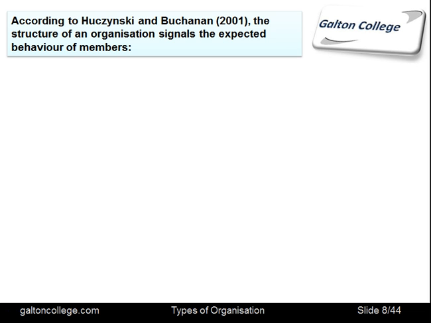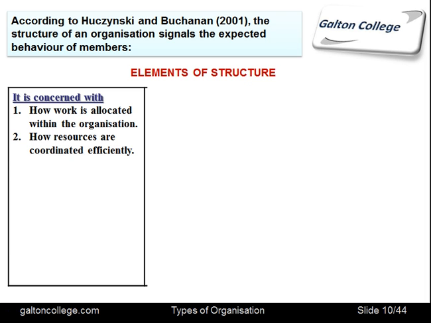According to Huczynski and Buchanan, two very famous writers in the area, the structure of an organisation signals the expected behaviour of members. So if we take the elements of structure, and for a start just look at what it's concerned with.